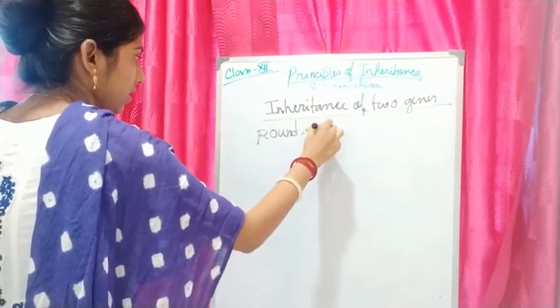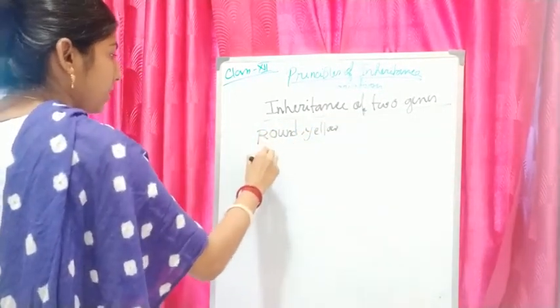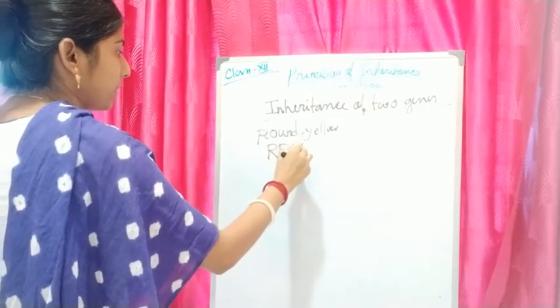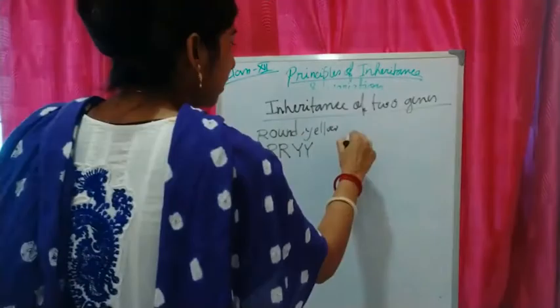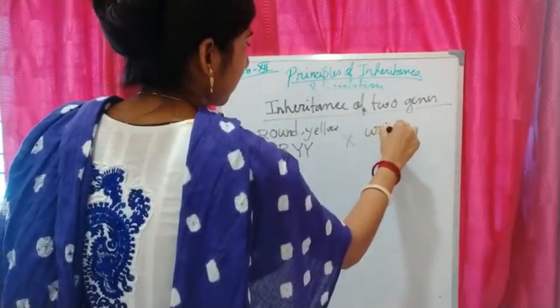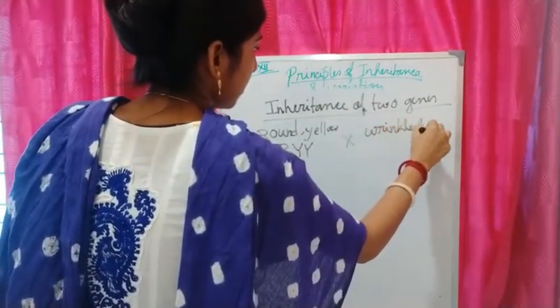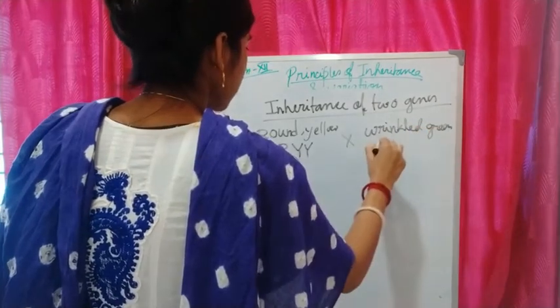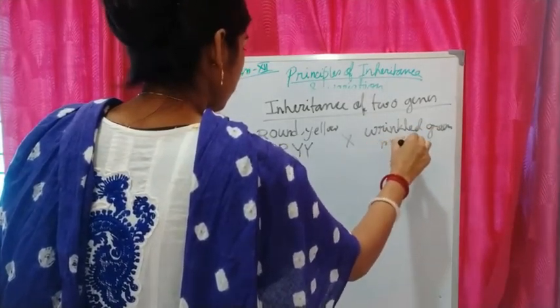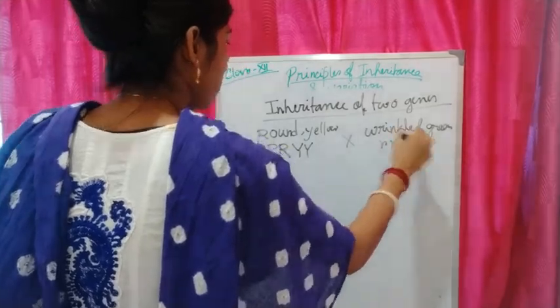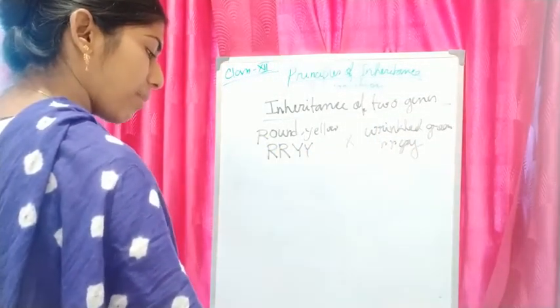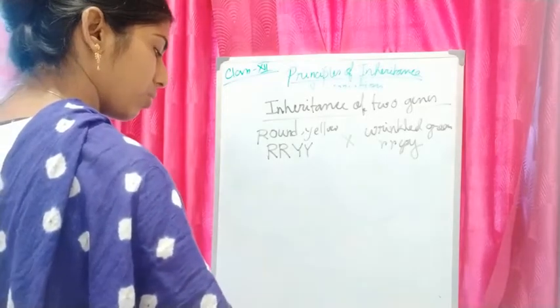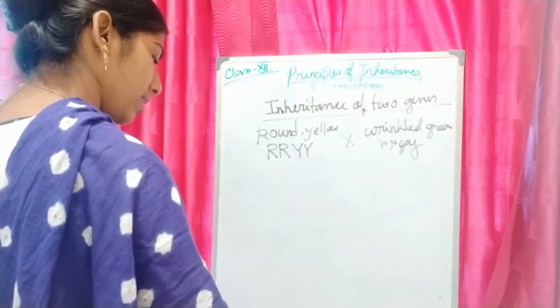seed whose genotype is capital R, capital R, capital Y, capital Y, and crossed it with wrinkled and green seed, that is small r, small r, small y, small y. So this one is dominant. As you know, capital is the dominant and small is the recessive one.